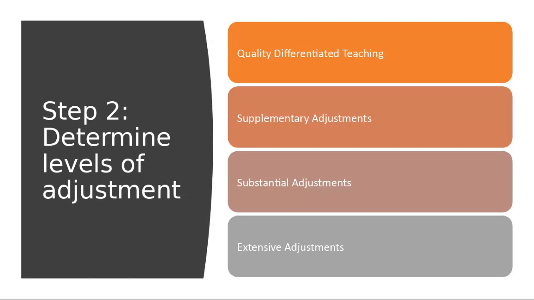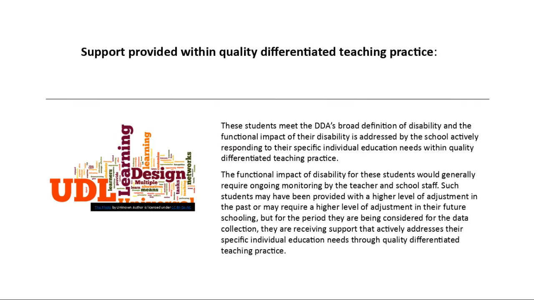Step 2 is then, okay, we know that there's an adjustment. What level is it at? And here we've got the 4 levels. And let's look at those levels in a little bit more detail now. I'll just give you a minute to read this slide.